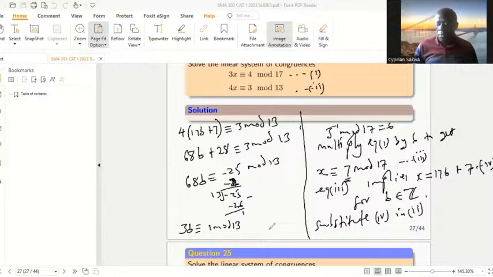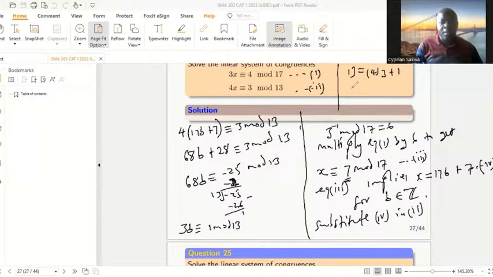And so, I just want to find the inverse of 3 mod 13, a number which multiplied by 3 and divided by 13 gives a remainder of 1. If it cannot come very fast, I can use the Euclid's algorithm. 3 into 13 goes 4 times, and the remainder is 1.